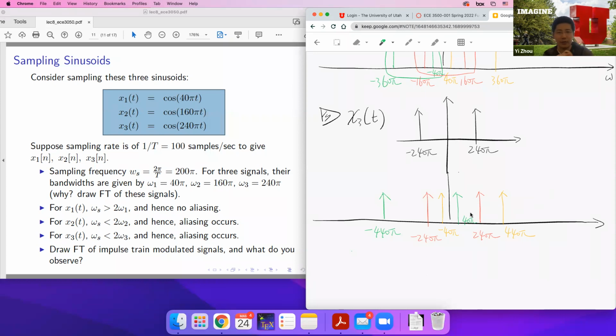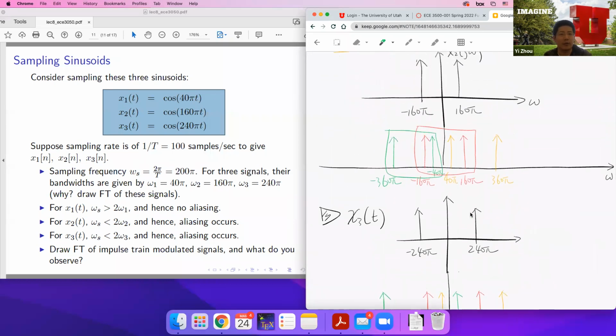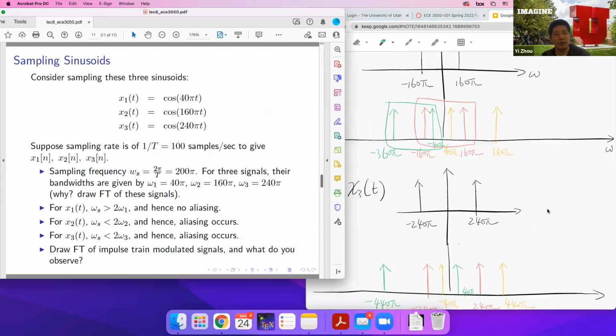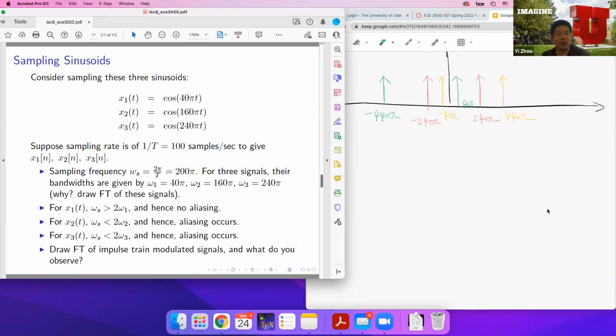So in the end, if you plot out the entire spectrum of all these sample signals, you will find that they are the same for the three signals, which means when you sample the three signals at this sampling rate, they happen to generate the same discrete signals.